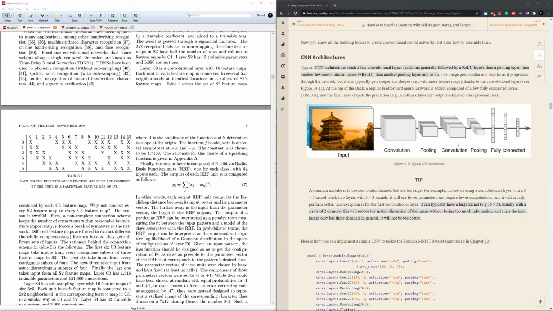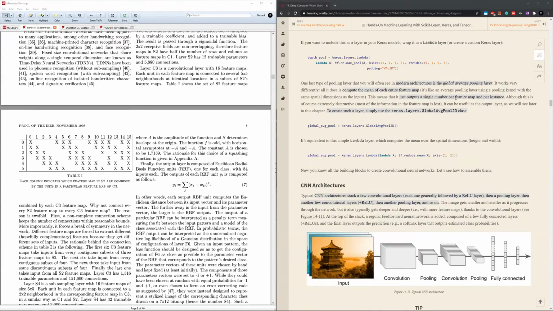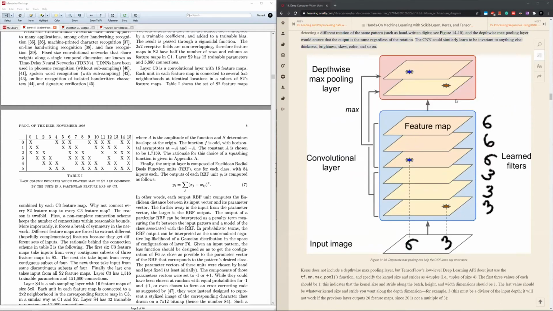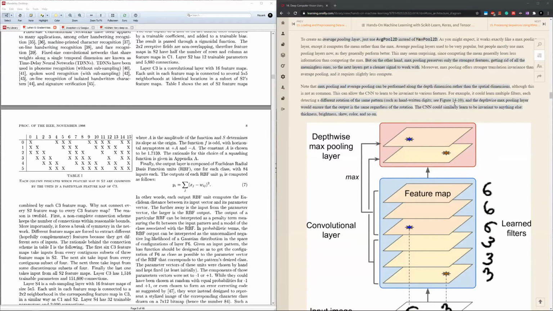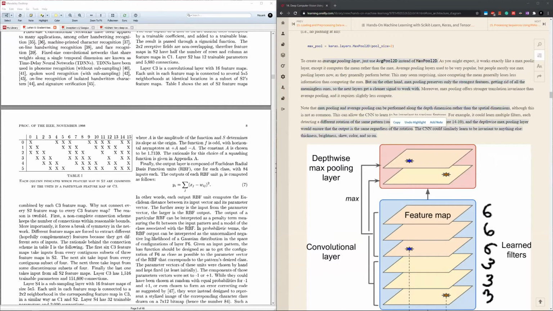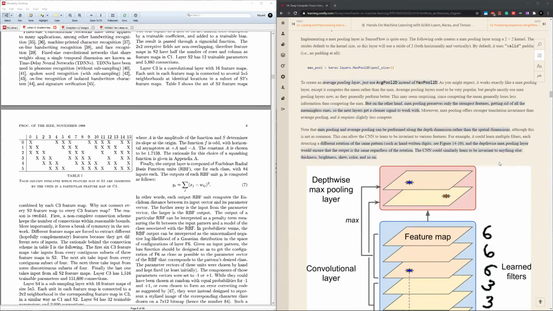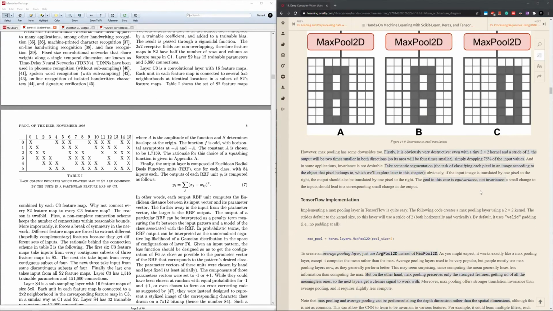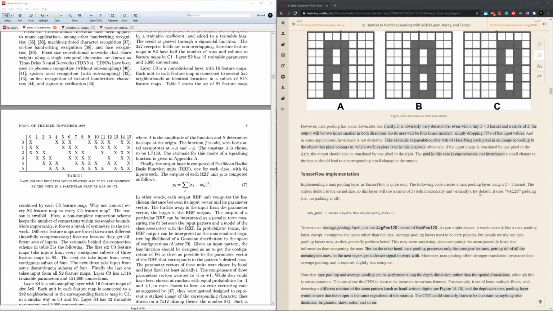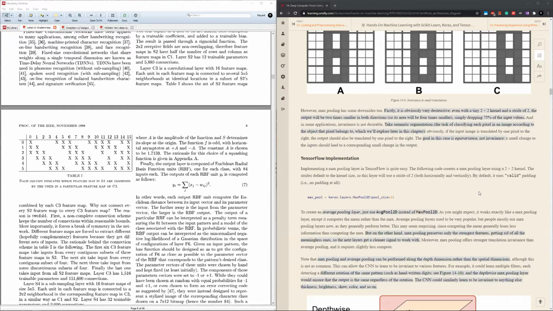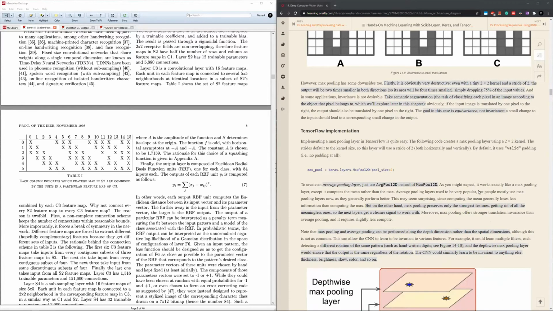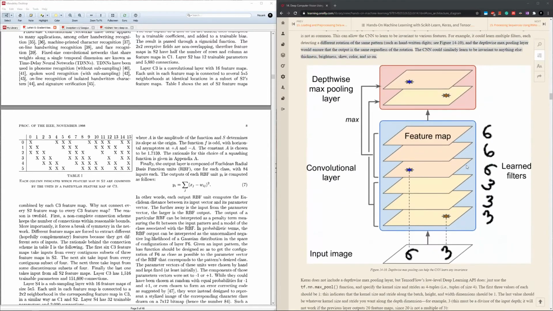So we left off last time on the depth-wise max pooling layers, understanding the max pooling layers, the convolution layers, and how each layer can be implemented in the Keras and TensorFlow framework.